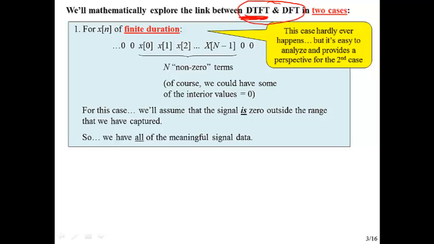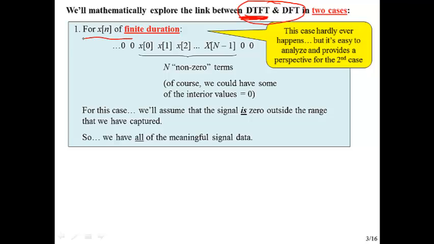So the first thing: we already know pretty much the connection between the DTFT and the CTFT. If we can connect these two things, then we will have a complete understanding of this. And we're going to do this by considering two different cases. We'll start off first talking about the finite duration case, where the actual signal under study is literally finite duration.